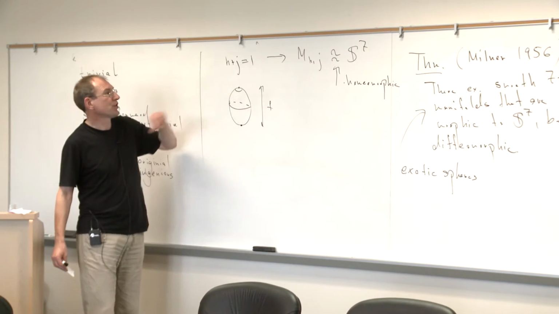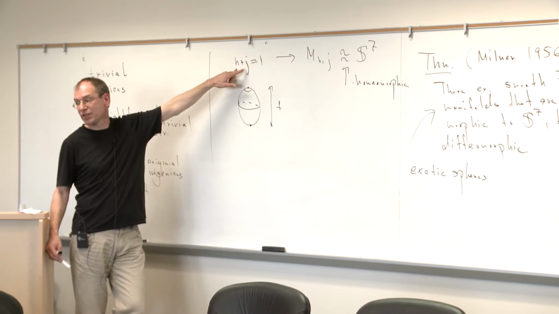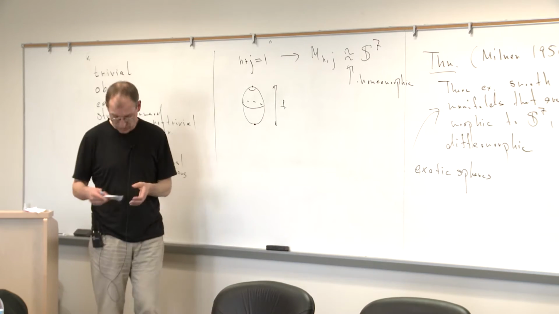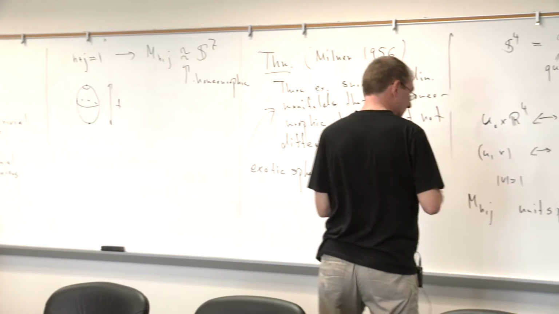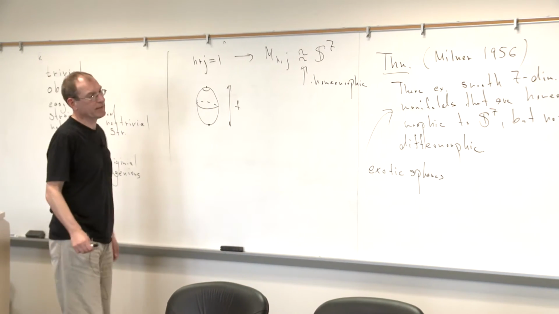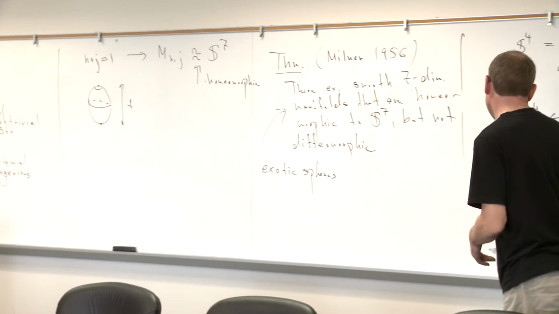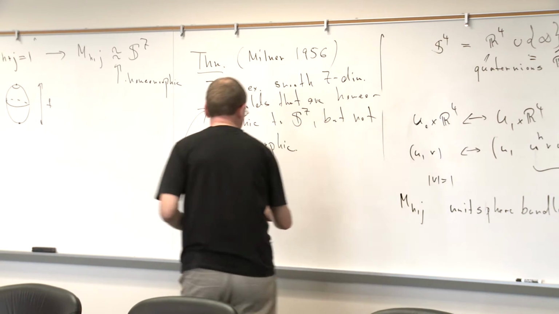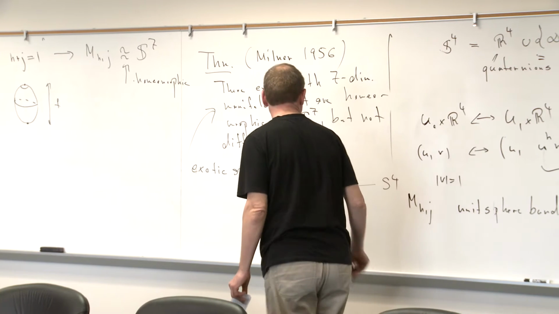But then comes the hard part and the ingenious part in Milnor's argument. Namely, he somehow has to show that among these pairs with this condition, there are some pairs where the manifold is actually not diffeomorphic to the seventh sphere. And I mean, he cooks up some extremely clever invariant for your manifold that has to do with how the manifold bounds an 8-dimensional manifold. Yeah, and the cartoon picture that you should have in mind is something like this. So you have the 7 sphere here.